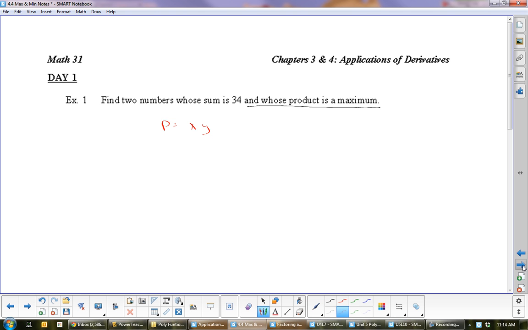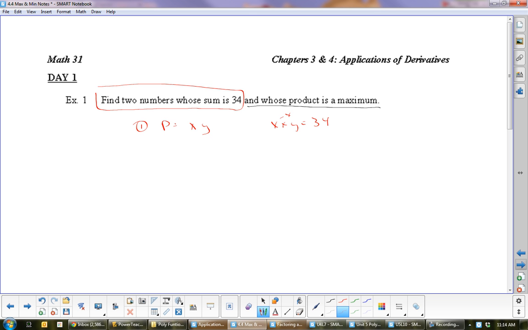Again, doesn't matter which variable you want to get rid of, but we know, so this is equation 1, and hey, if it only had one variable in it, we could just take the derivative and we're done. Unfortunately, it has two, so we have to relate them another way, and that's why they gave us this. So x plus y equals 34.